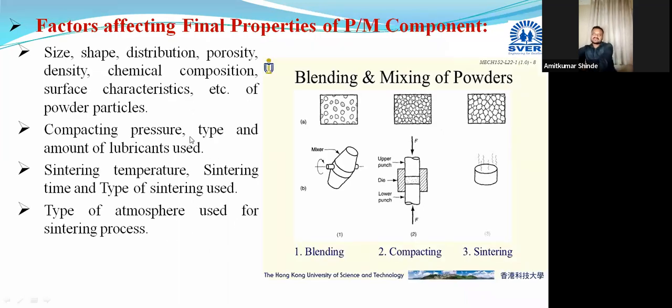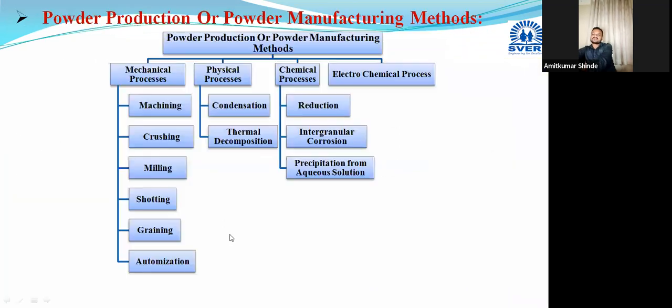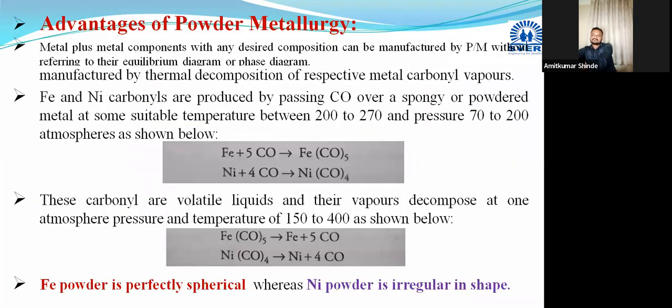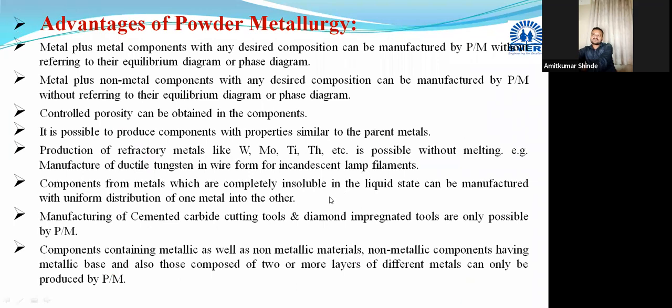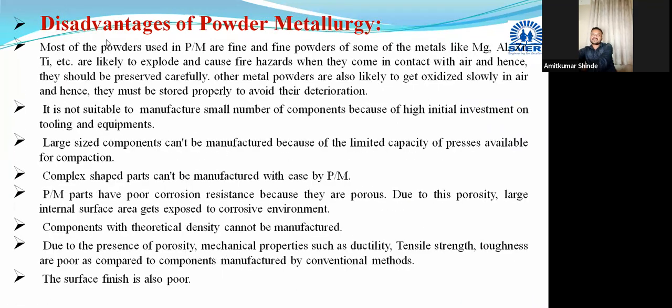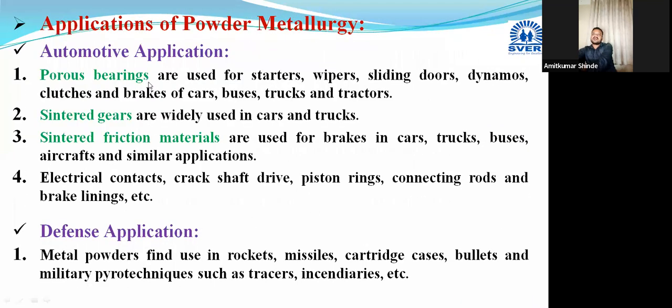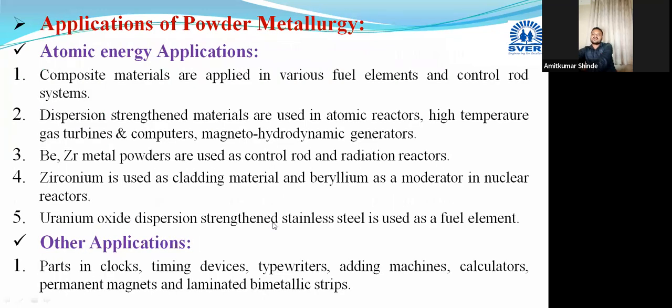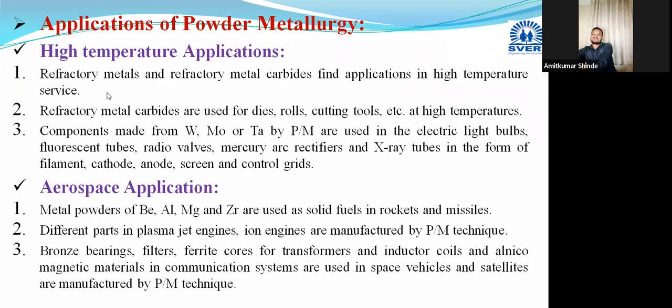And then these are the factors affecting the final shape and size of the component. Okay. And then advantages of powder metallurgy technique, disadvantages of powder metallurgy technique, and applications in automobile field, defense field, then atomic sector, high temperature application industries, and aerospace applications.